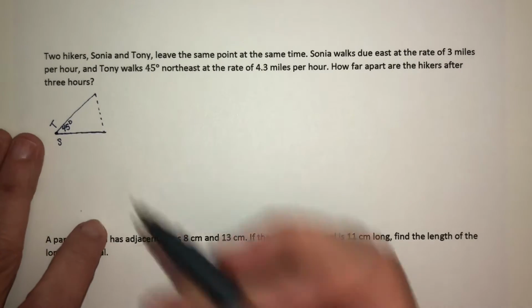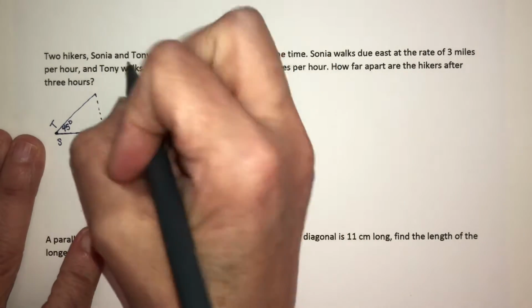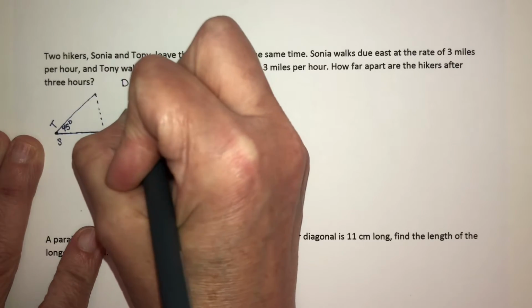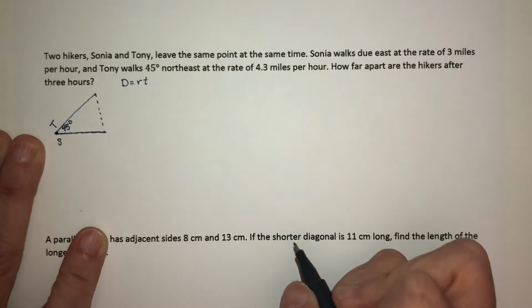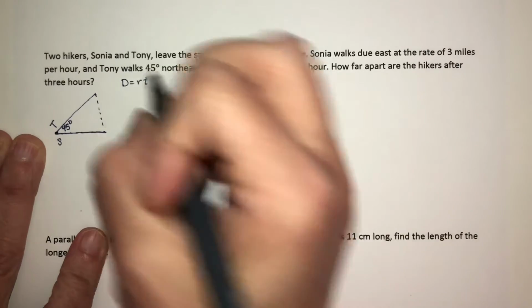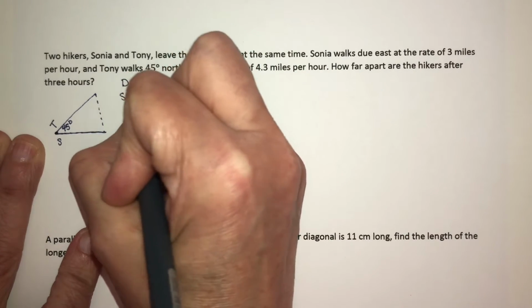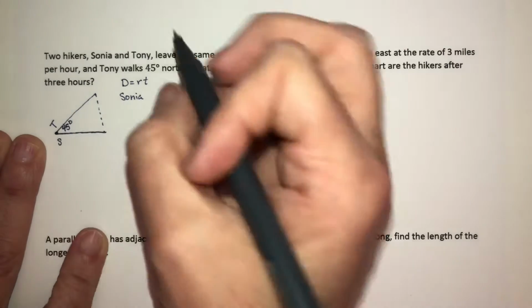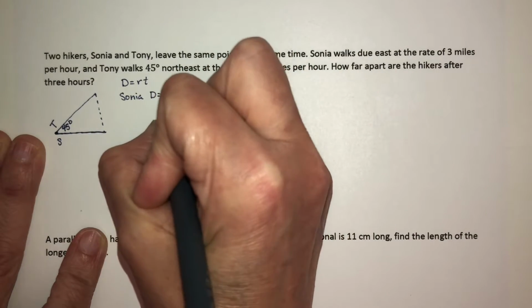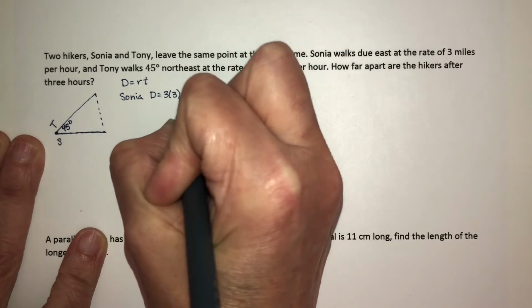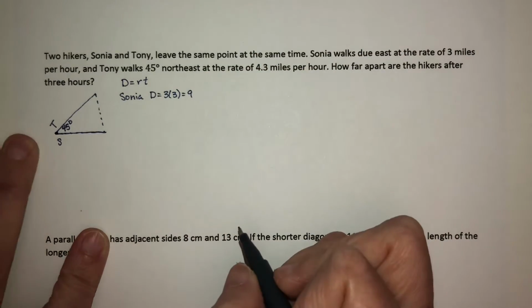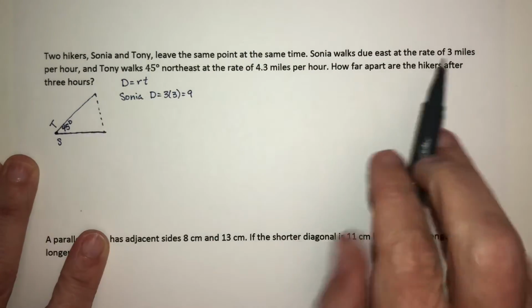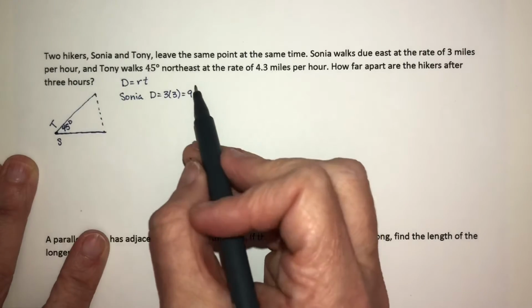Now to figure out the distance here and the distance here, we need to remember the formula that distance equals rate times time. So Sonia is traveling 3 miles an hour for 3 hours. So that distance would be 3 times 3. So Sonia travels 9. These are miles per hour, so miles.